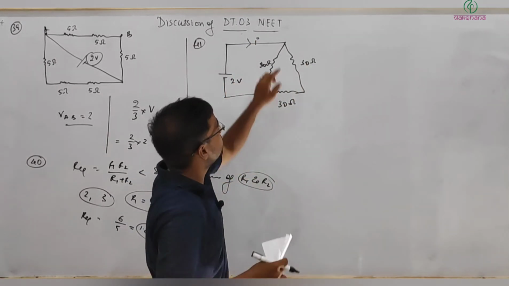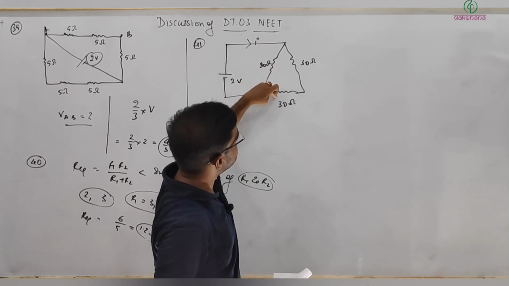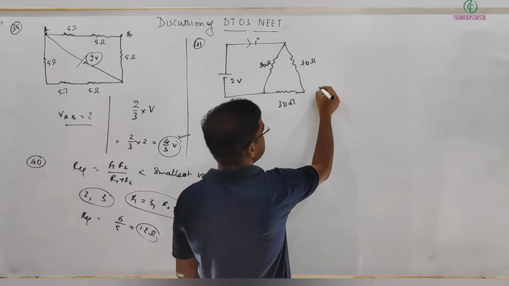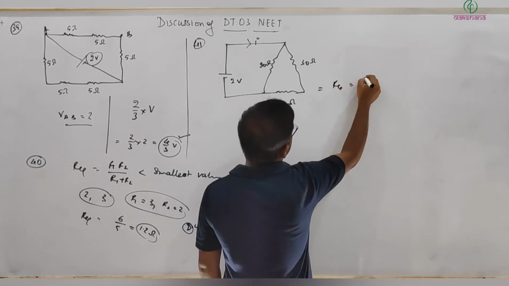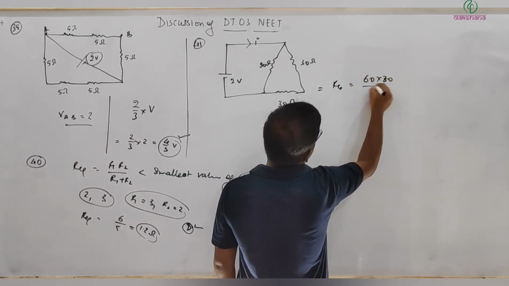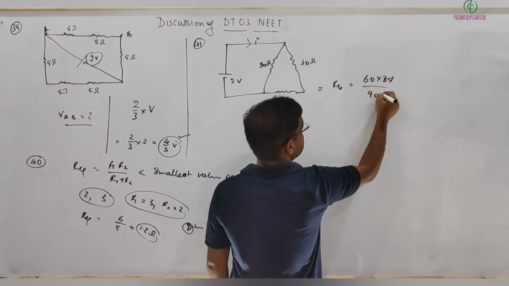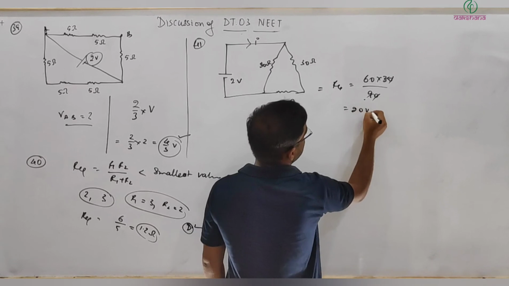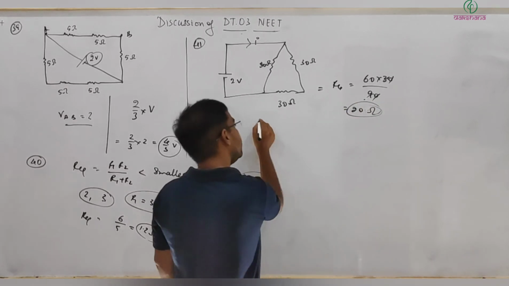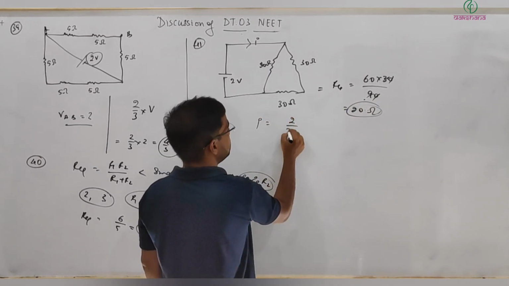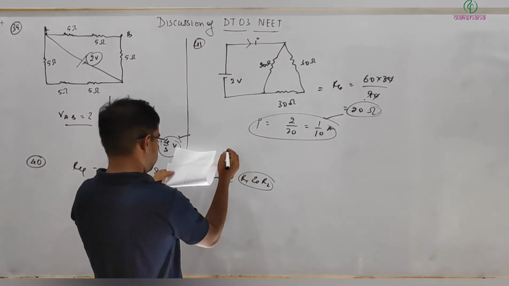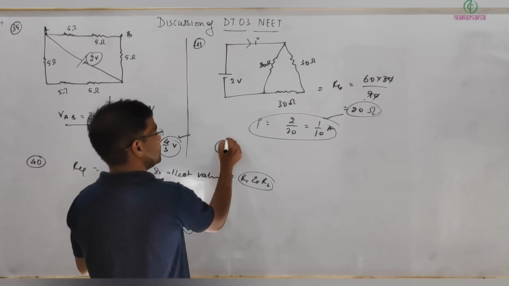R equivalent is 30 in series and 30 in parallel, so R equivalent is equal to 60 multiplied by 30 divided by 90, which comes out to be 20 ohm. So I is equal to 2 divided by 20, that is 1 by 10 ampere. That's your answer, and it's matching with option C.